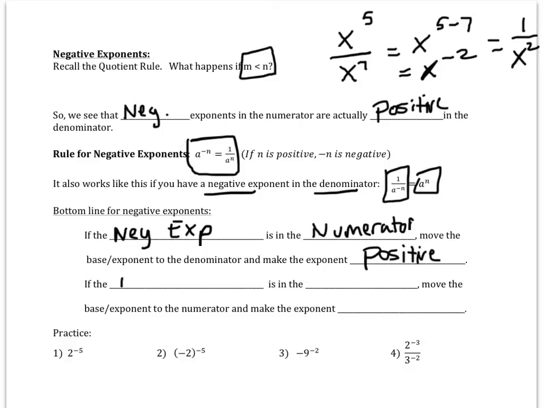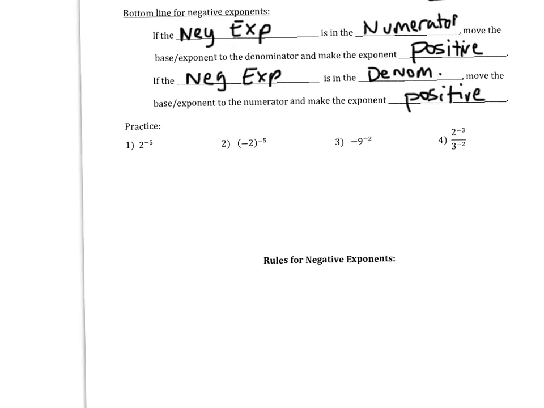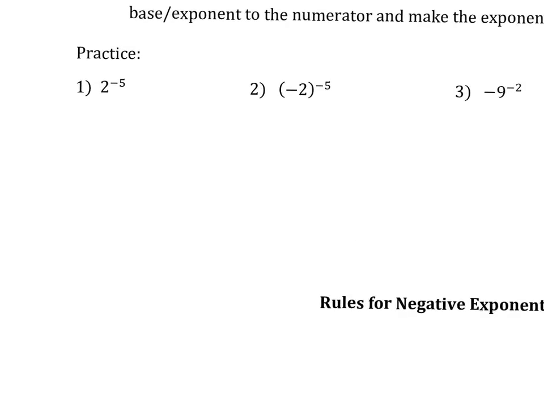If the negative exponent is in the denominator, or on the bottom, move the base and exponent to the numerator and make the exponent positive. Okay, so let's practice this moving and make our exponents positive with these practice problems.